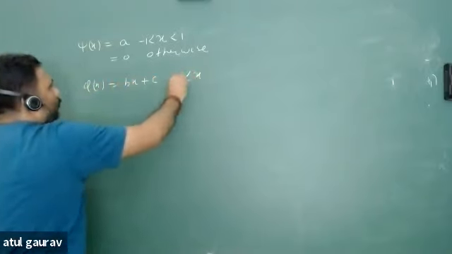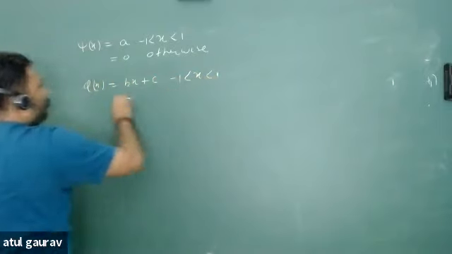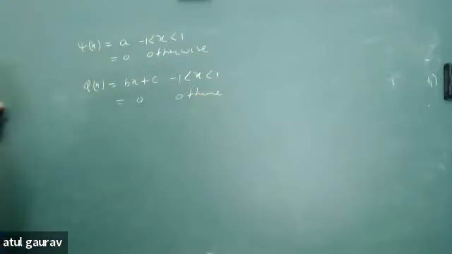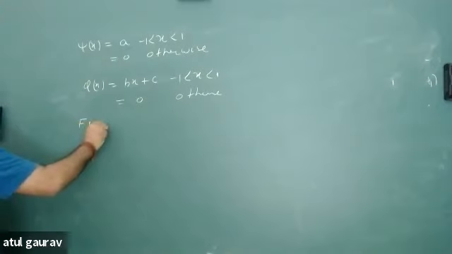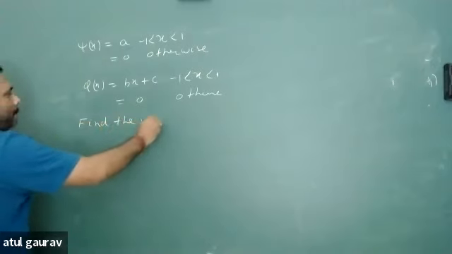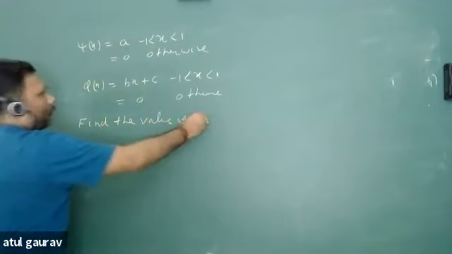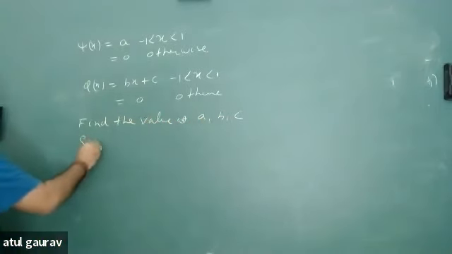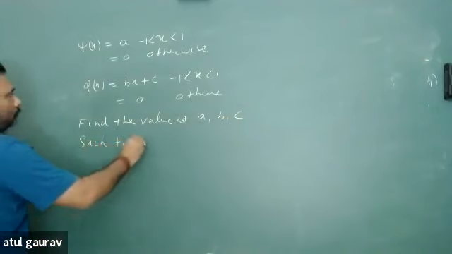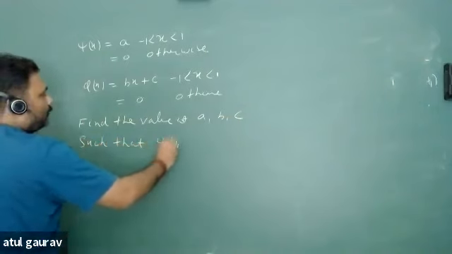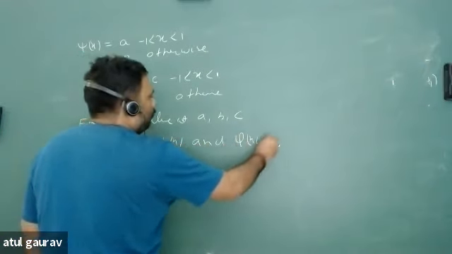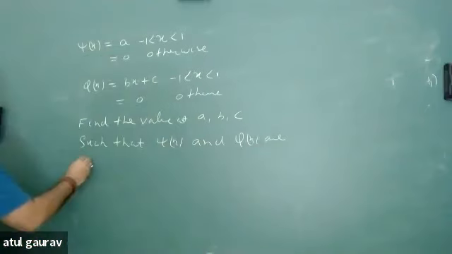Again x is between -1 to +1 and 0 otherwise. Find the values of a, b and c such that psi x and phi x are orthonormal.